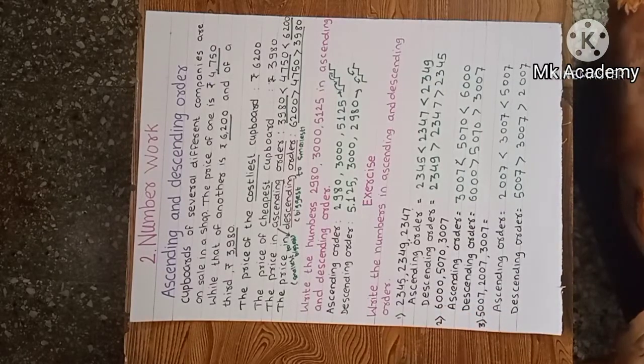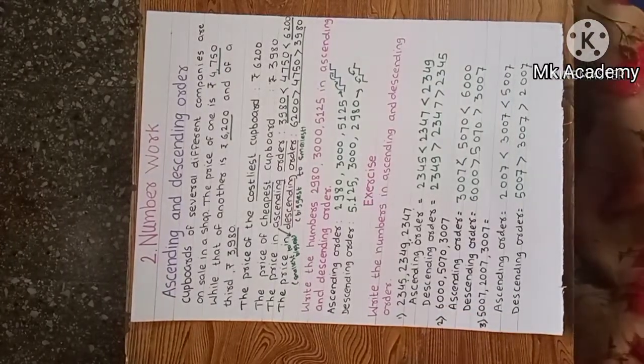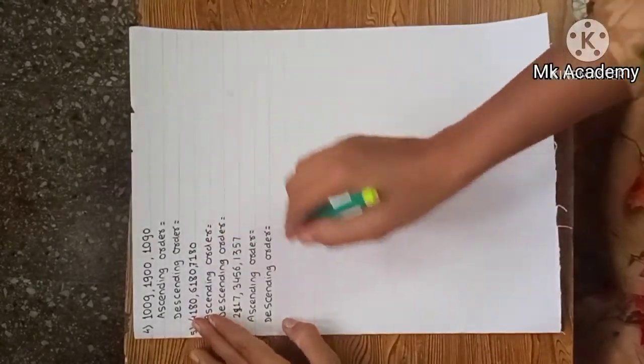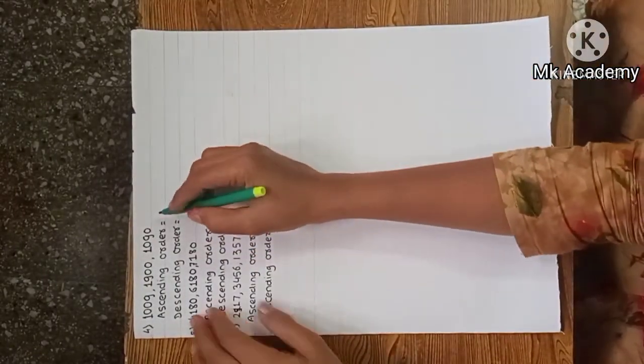Now see the next example. 1009, 1900, 1019. Ascending order. In ascending order, we have to write down the smallest number first.